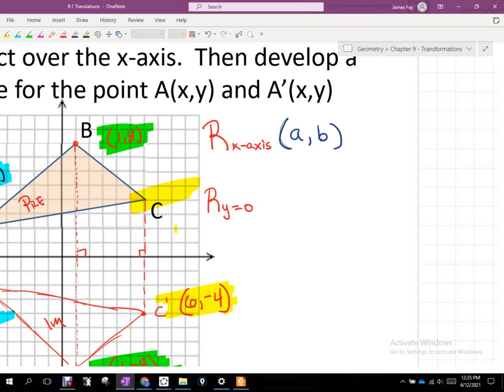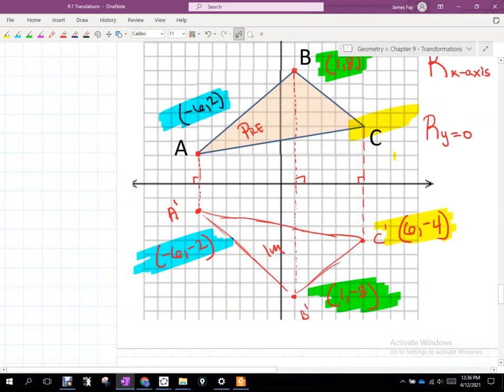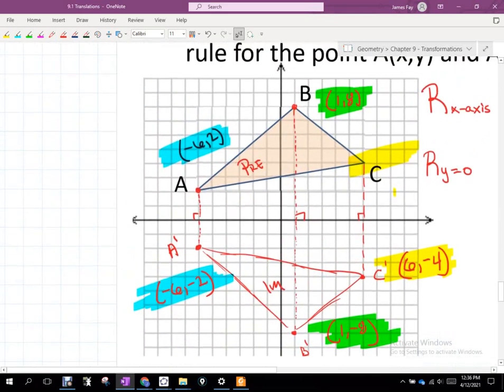If I do a reflection of A comma B over the x-axis, what that's going to generate is the point A comma, because all these x values, negative 6, they're the same. 1, 1, they're the same. 6, 6, they're the same, right? But the y values were what to one another?